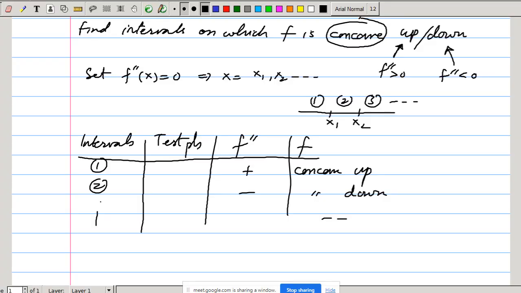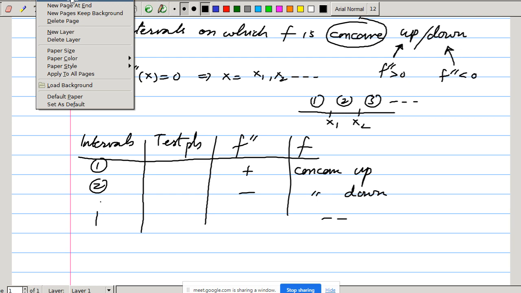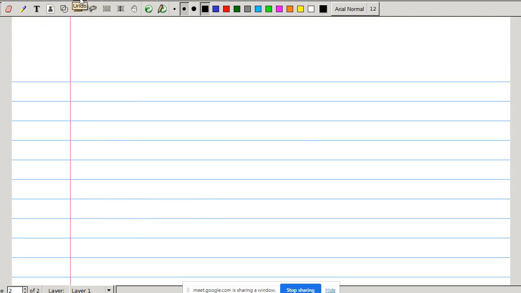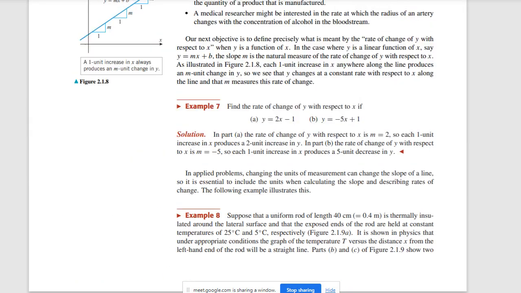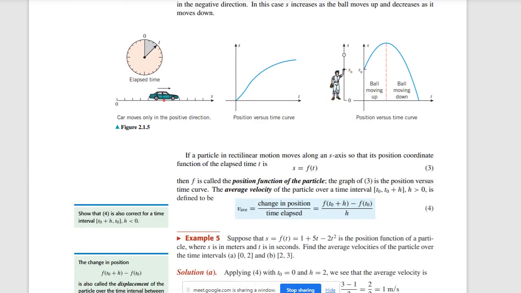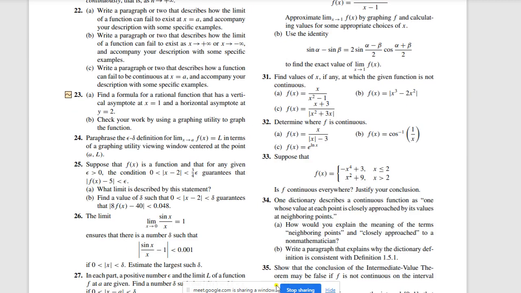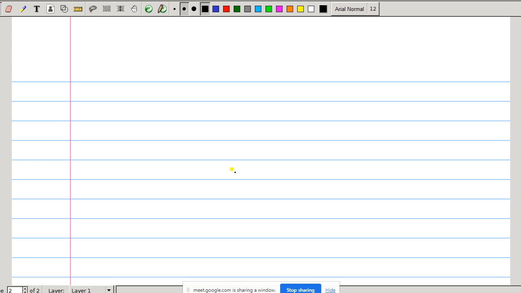So if I pick a question here, for example, here is the book, and let me check which questions I gave you in the assignment.